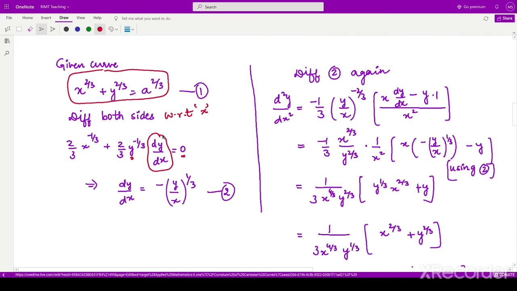So when you rearrange it for dy upon dx, it comes out to be minus y by x raised to power 1 by 3. So this is one quantity.